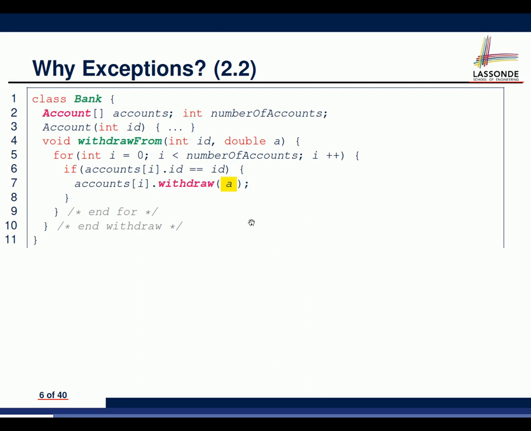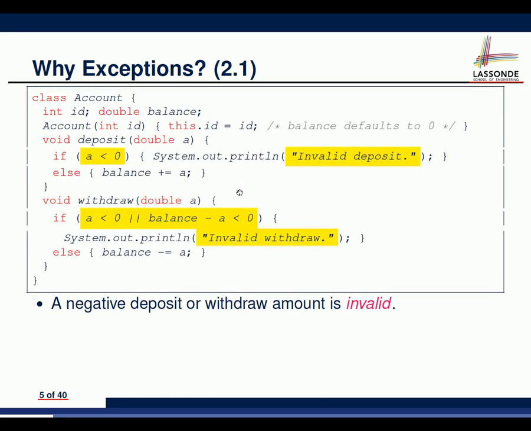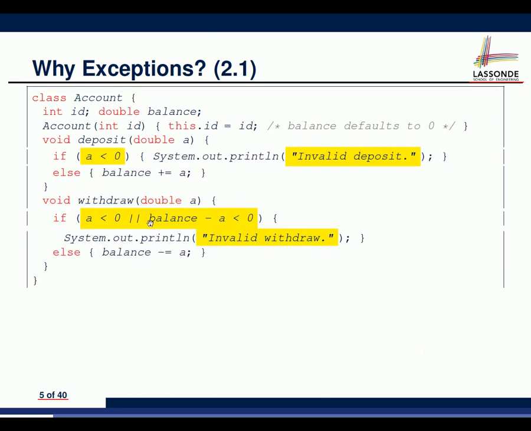However, in line number 7, when you pass minus a million, it is going to execute this withdraw method with minus a million, and minus a million is going to satisfy this condition here. Then it's going to print out the error, and that's it. So only a message is printed to the console, but it doesn't really stop them. They can still go on with their code, pretty much like what we said before.